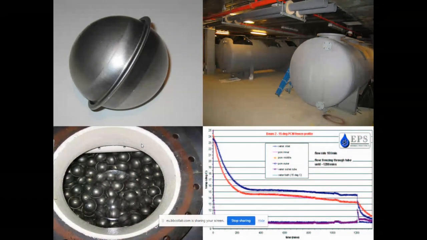Phase change is a mixture of salts, highly corrosive salts that are placed in a stainless steel jacket. It's about the size of a cricket ball. And you can see the freezing curve, which allows it to store enormous energy as it changes state.